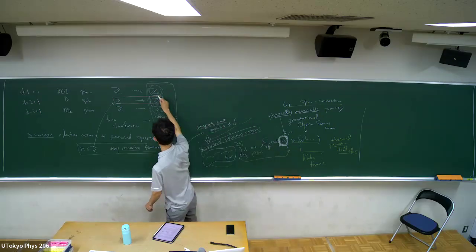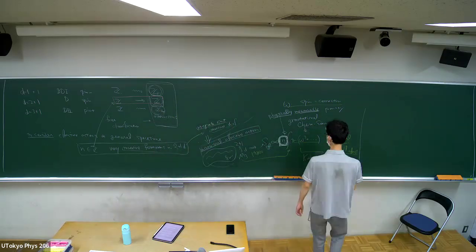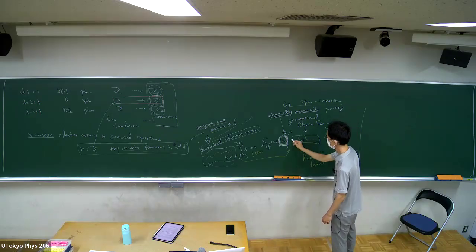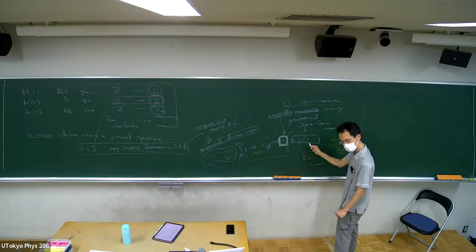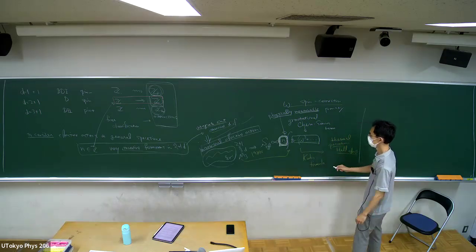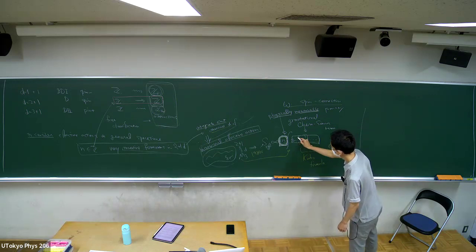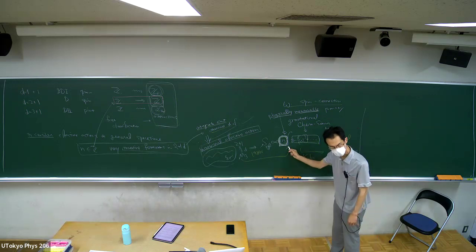How do we think of these Z8 and Z16 then? To write down this Chern-Simons term, it is very important that the spacetime is three-dimensional.